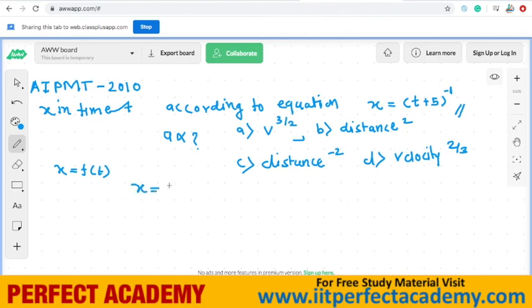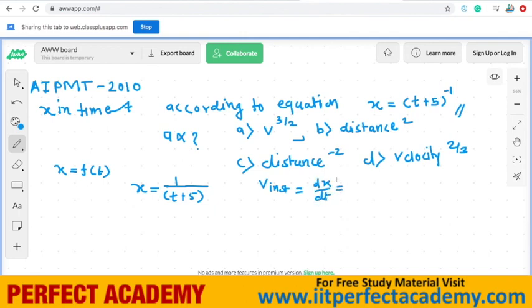x is equal to (t plus 5) to the power minus 1. So can I write it as 1 by t plus 5? Yes, 1 by t plus 5. So even you can mention it as (t plus 5) to the power minus 1. Now suppose I am finding instantaneous velocity, it will be given by dx by dt.